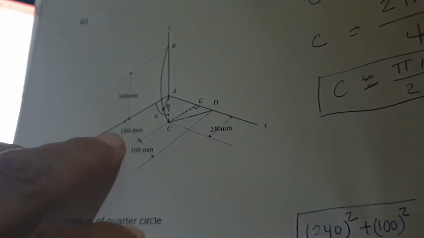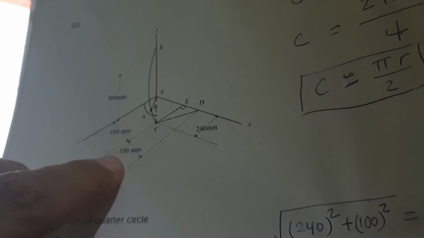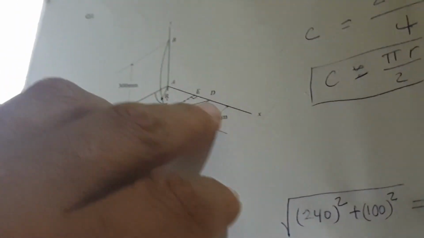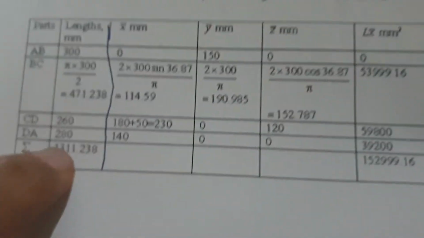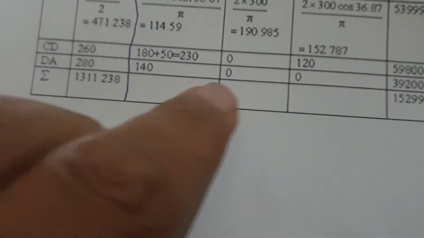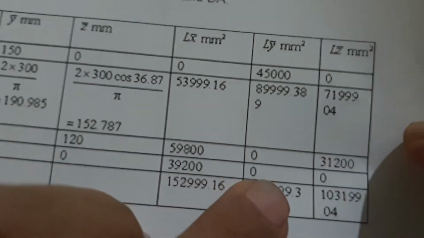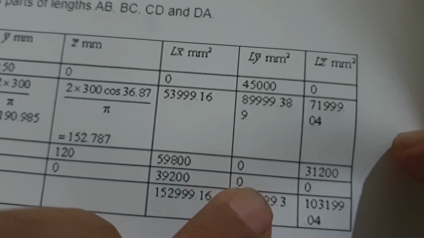X bar, you can see that 280 divided by 2 is 140. Remember, this is in the x-axis. Y and Z are zeros. This times this, that's L X bar, 39,200. The rest are 0 because L times Y bar and L times Z bar are zeros.